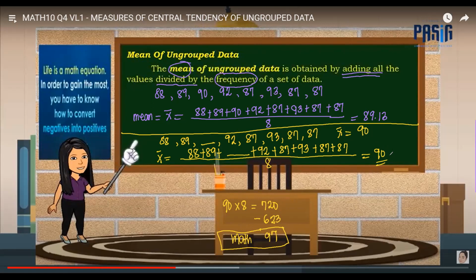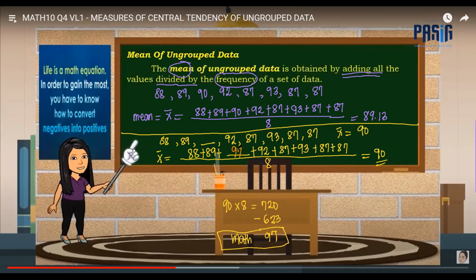Kahit ako ganun din ginagawa ko. Minumultiply ko to sa 8, tapos sinasubtract ko yan isa-isa. Then kapag nasubtract ko na lahat, kung ano yung matira, that is the grade that you need in math for you to get the honor.